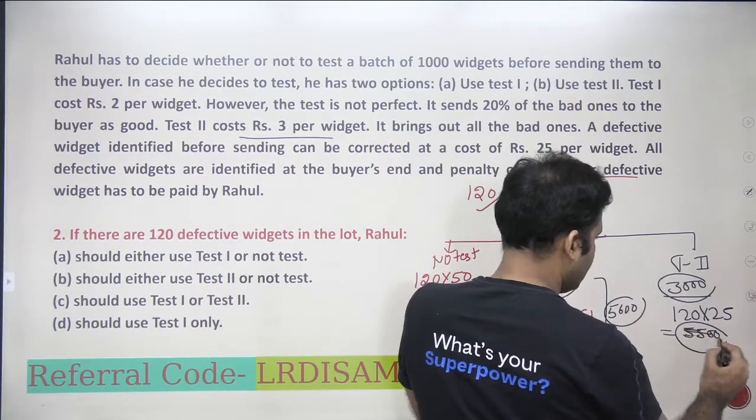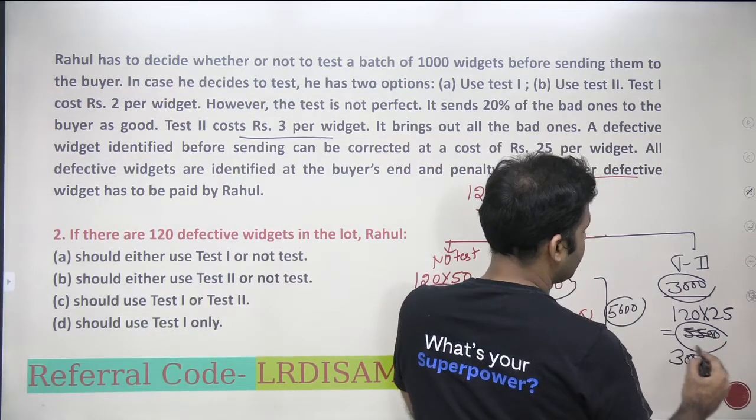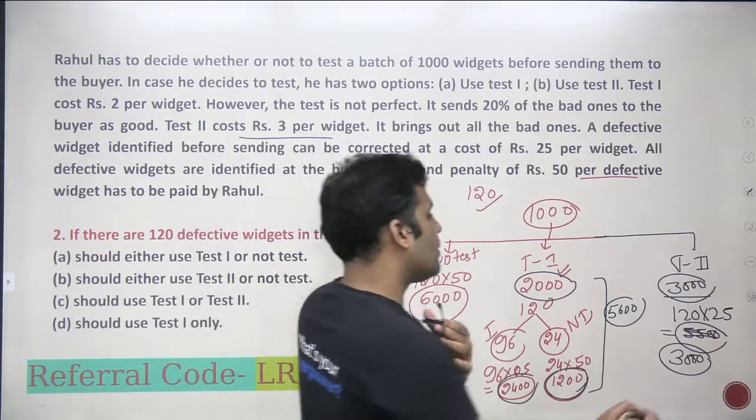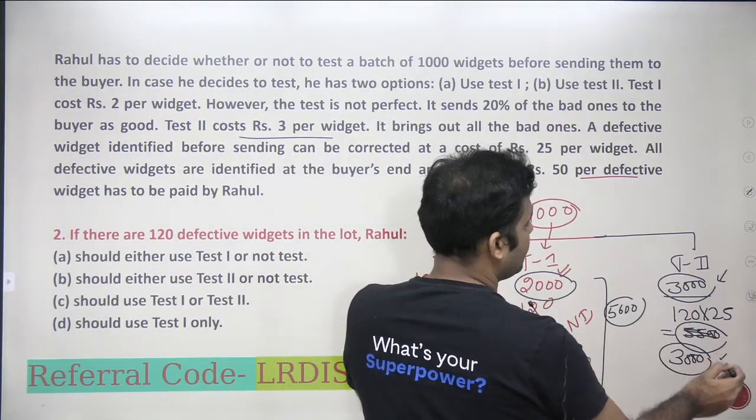Sorry, it would be 3000. 120 into 25 is 3000. So the total amount of money that Rahul will be spending here is 6000.